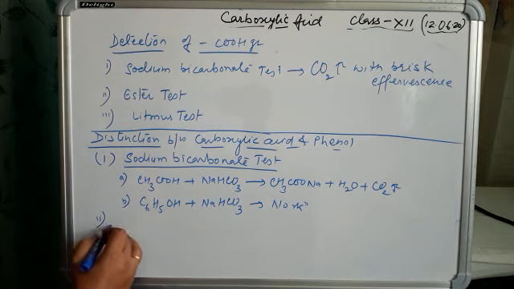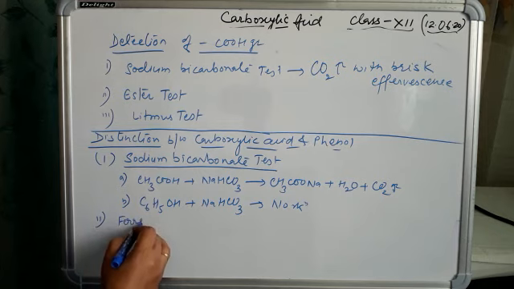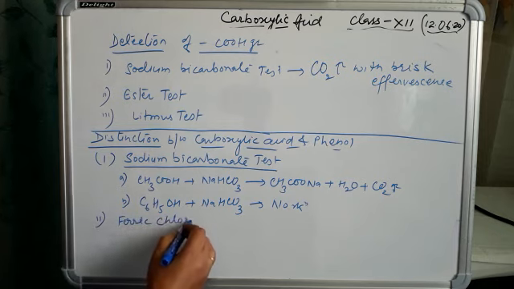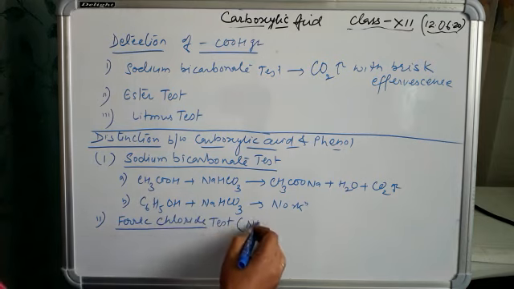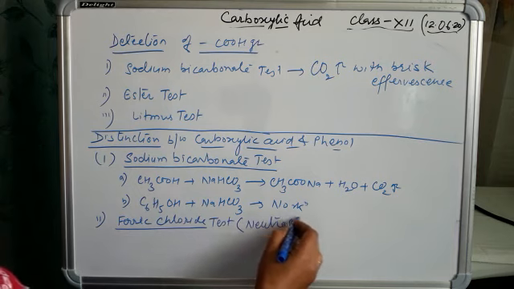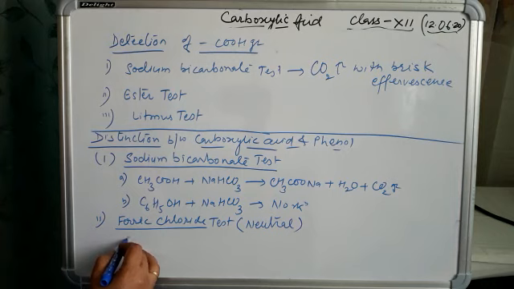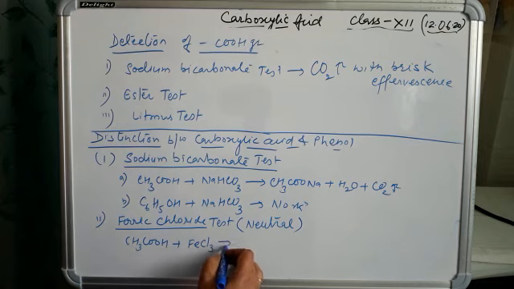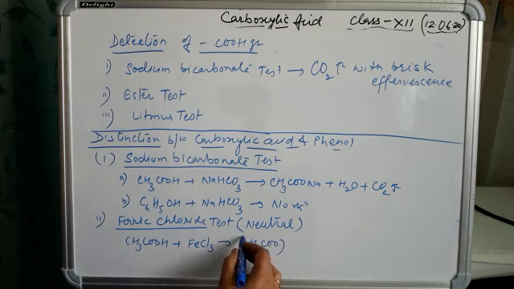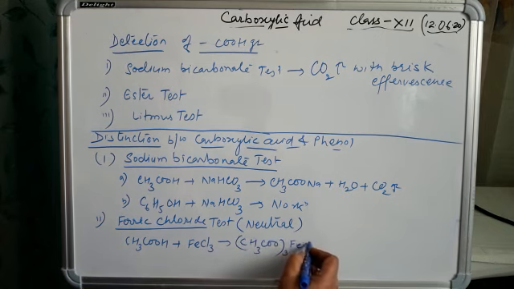Another test is the ferric chloride test. Neutral ferric chloride. When acid is treated with neutral ferric chloride, it forms ferric acetate and HCl.